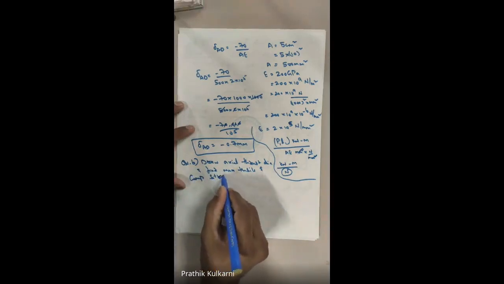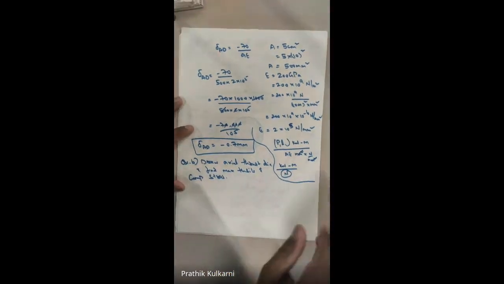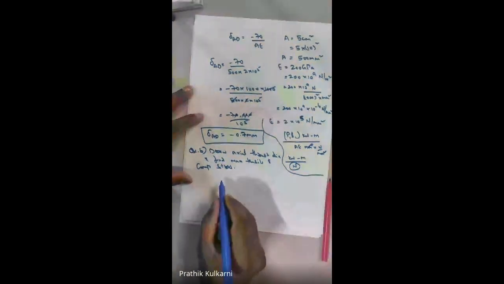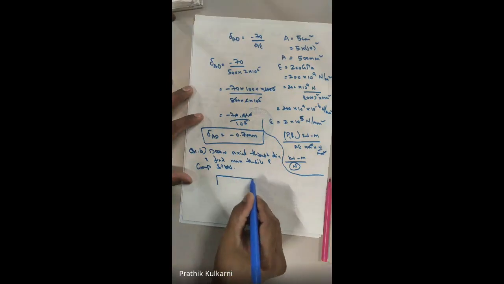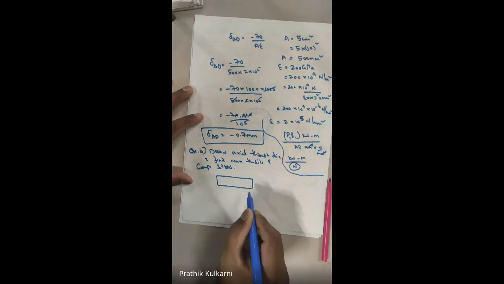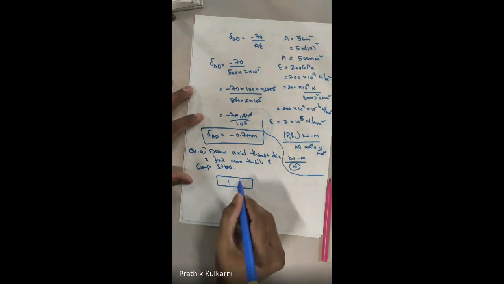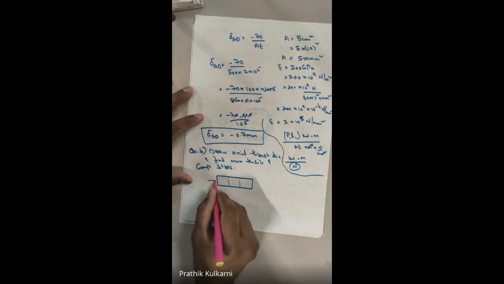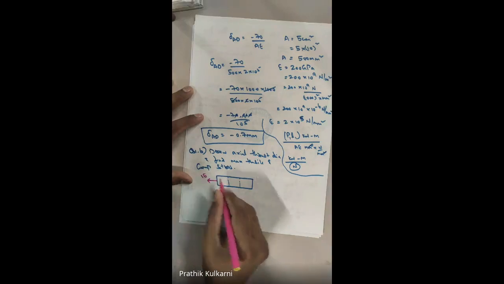Same problem, for the same problem we have to find out. So if you just take, this was my problem. Does anyone know how to draw axial thrust? So this is 15 kilonewton.